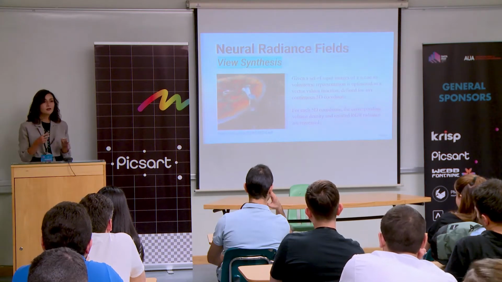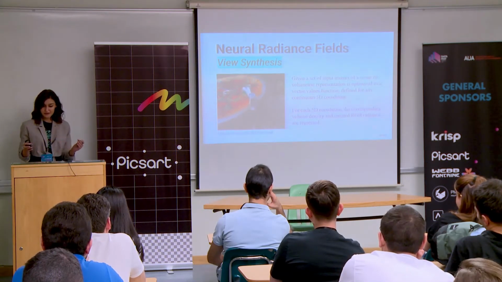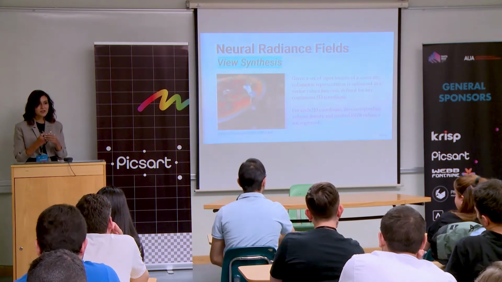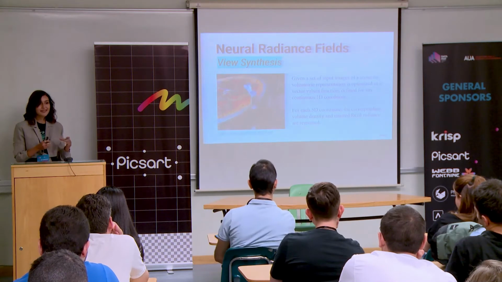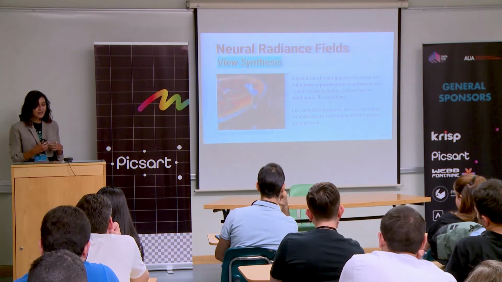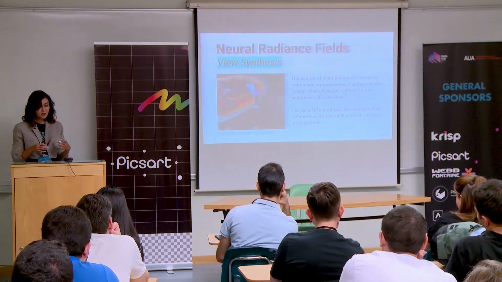So how can we incorporate all of this into deep learning? Here we have the neural radiance field. Given a set of input images, the volumetric representation of the scene is regressed as a continuous vector function from the specified coordinates. As you can see in this video example, we have the X, Y, Z and RGB.